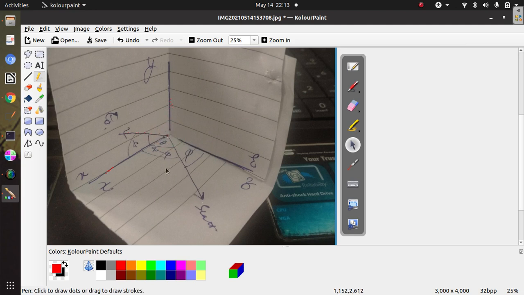Now it is scattered along the xz plane. Now it is making an angle theta. This whole angle is known as theta, and this x and this E will be making an angle psi. This angle is psi. It is from this to this.